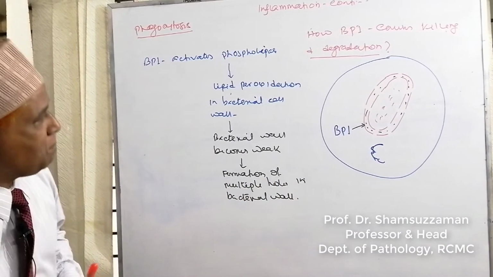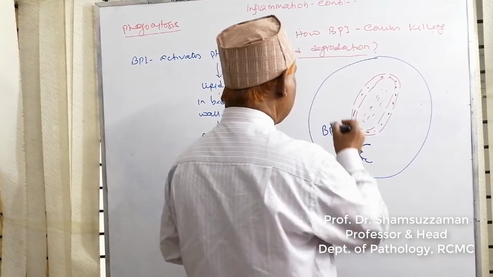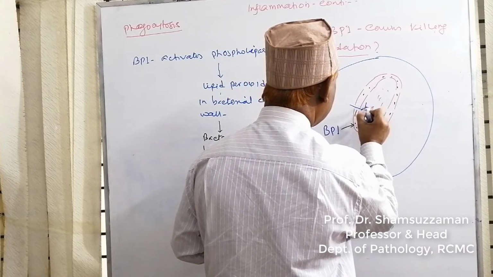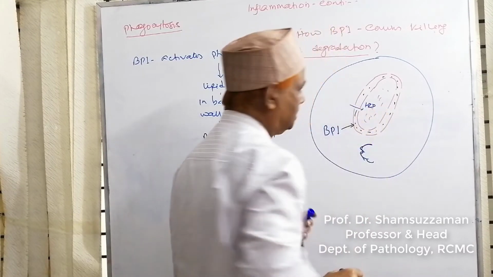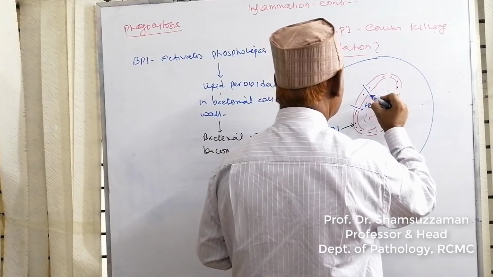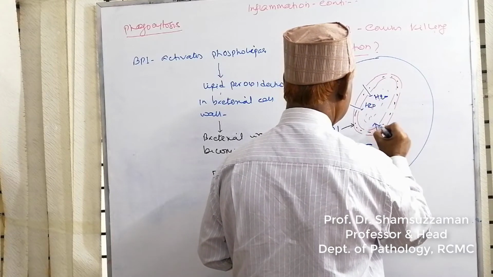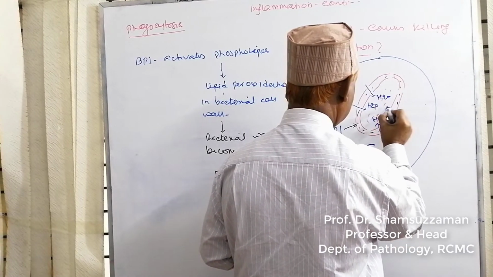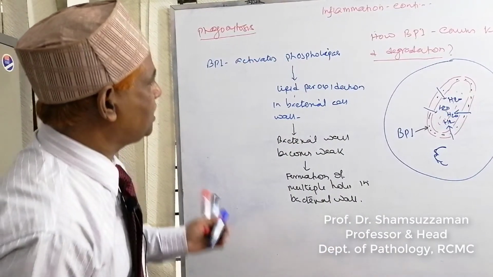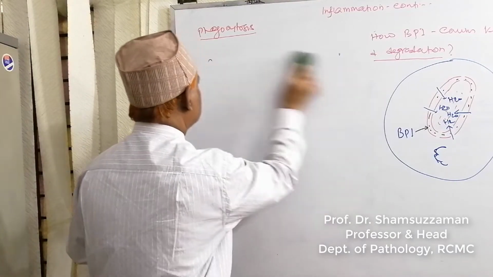As there is formation of multiple holes in the bacterial wall, water from the phagocytic cell cytoplasm comes into the bacterial cell. Due to accumulation of water in the bacterial cell, the bacteria undergo swelling.